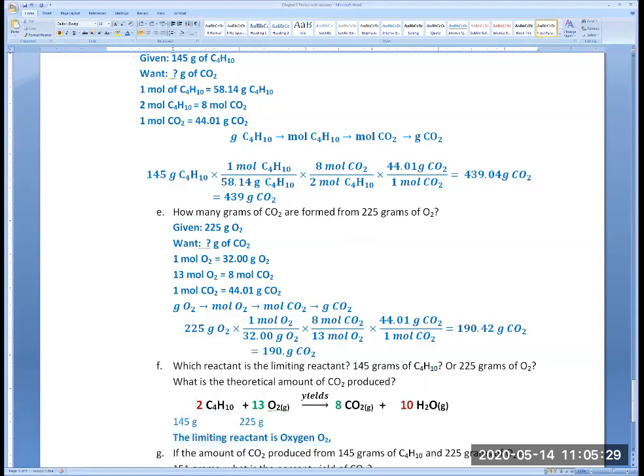So the limiting reactant is oxygen because 225 grams of oxygen can only produce 190 grams of CO2.